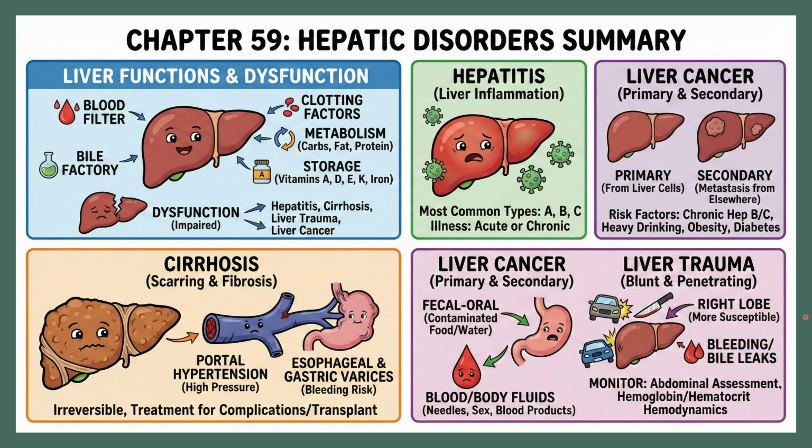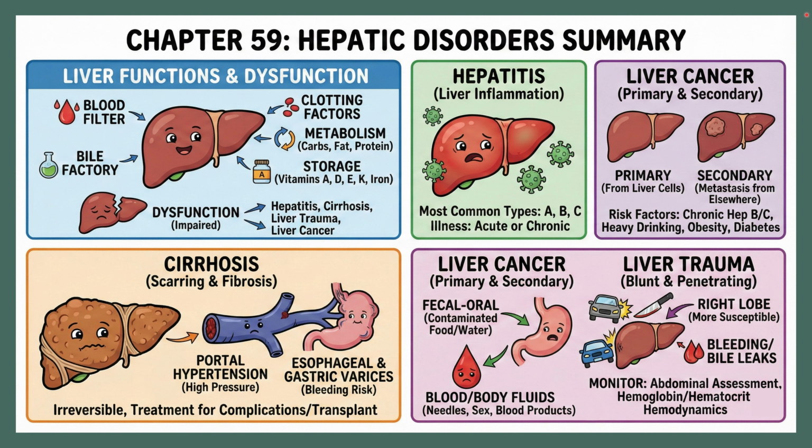Liver trauma is a result of injury to the liver via either blunt or penetrating trauma. The right lobe of the liver is more susceptible to injury than the left lobe because of its proximity to the ribs.